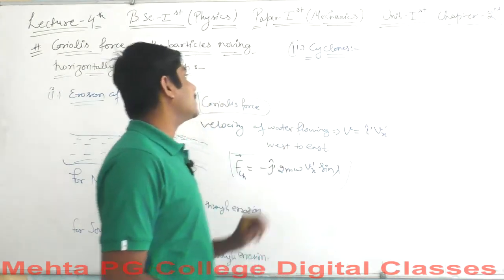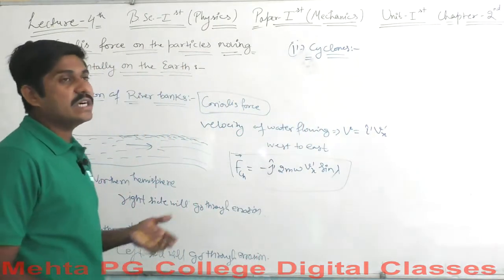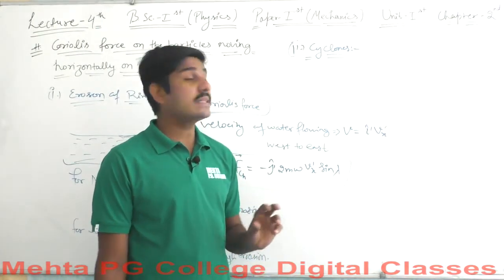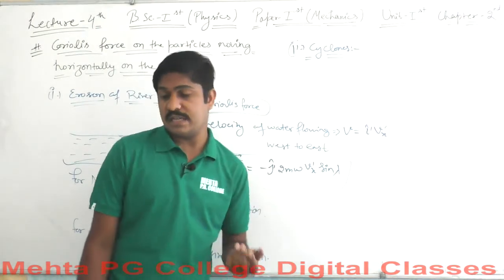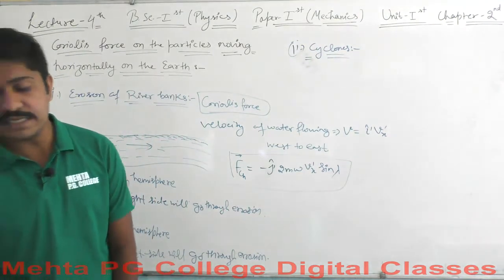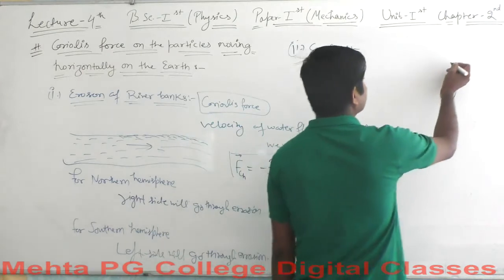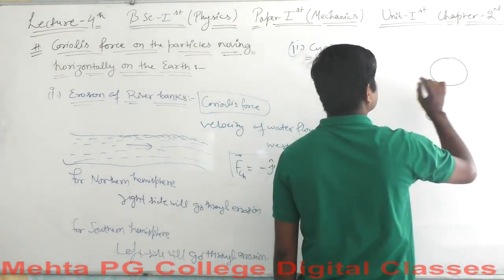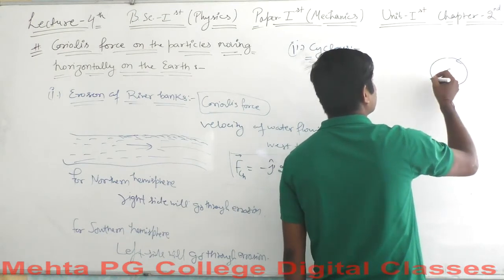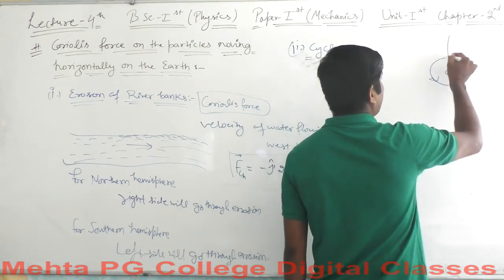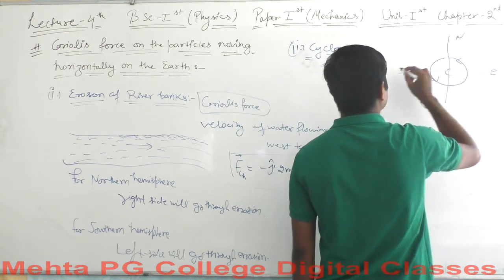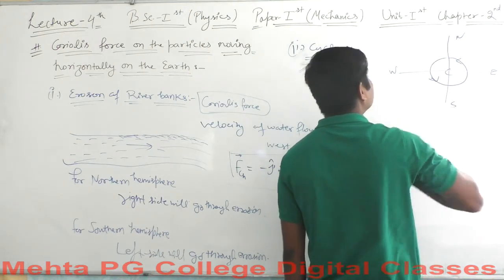So why are these cyclones generated, and in which hemisphere, in which direction will the air flow to make these cyclones? Let's say the cyclone has a rotational motion. This is the cyclone C here, which is rotating in this direction, and this is the east direction, this is the north, this is the west, and this is the south.